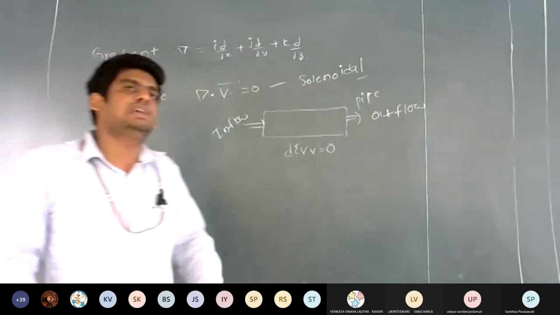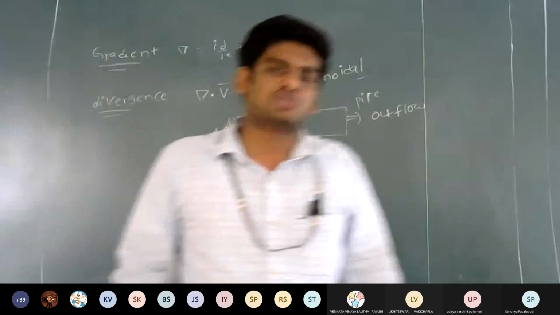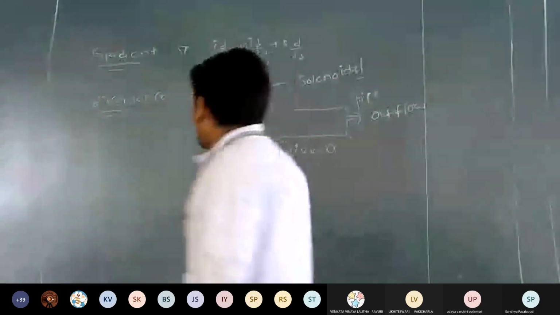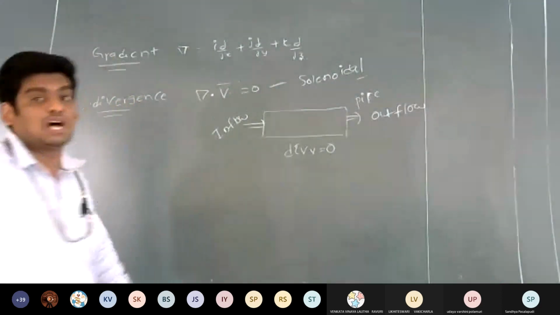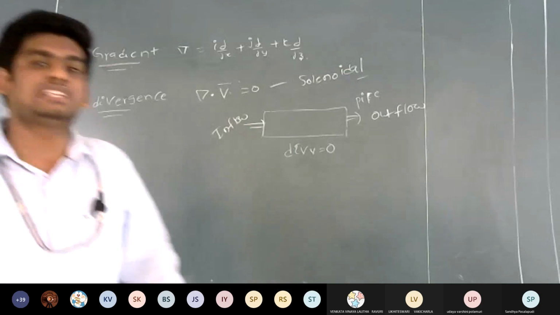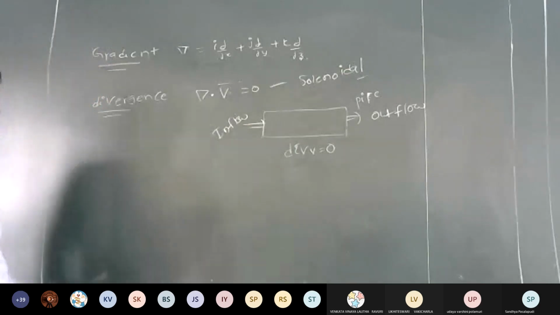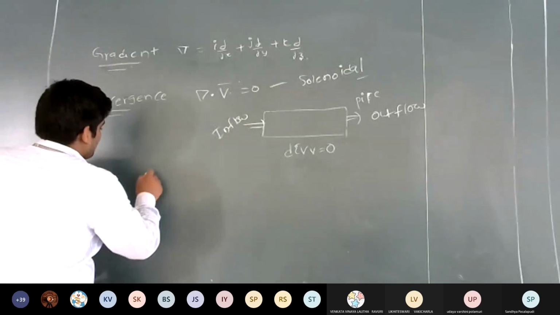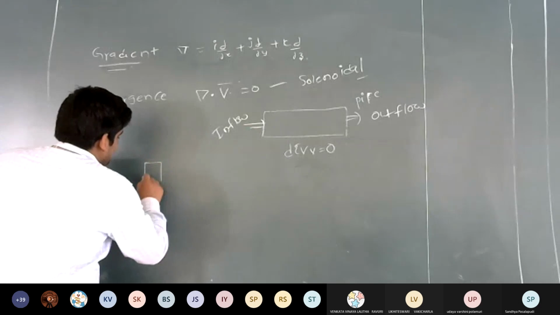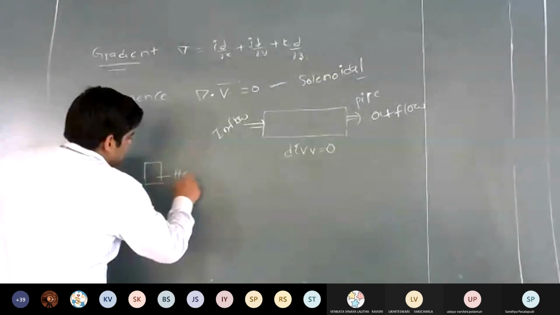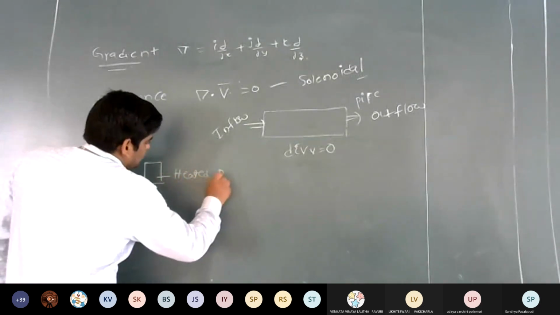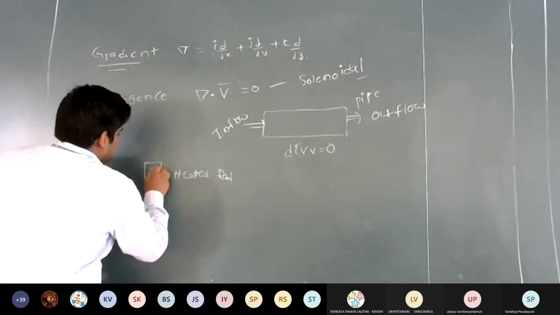And also we have positive divergence and negative divergence. Just listen carefully. Suppose this is a heated rod and its temperature is 100 degrees.